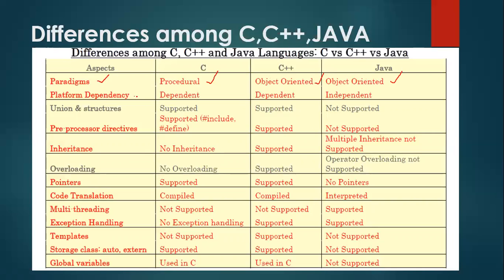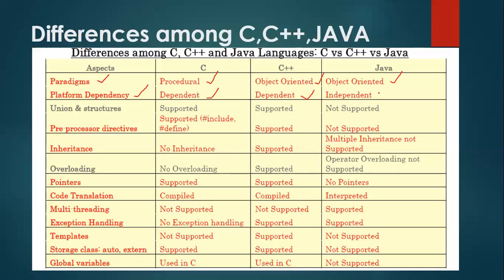And the next aspect, platform dependency. Platform dependency means the developed programs depend on any hardware or software platforms. C depends upon the hardware you are using to run our program. Similarly, C++ also depends on the hardware of your machine to run our C++ program.